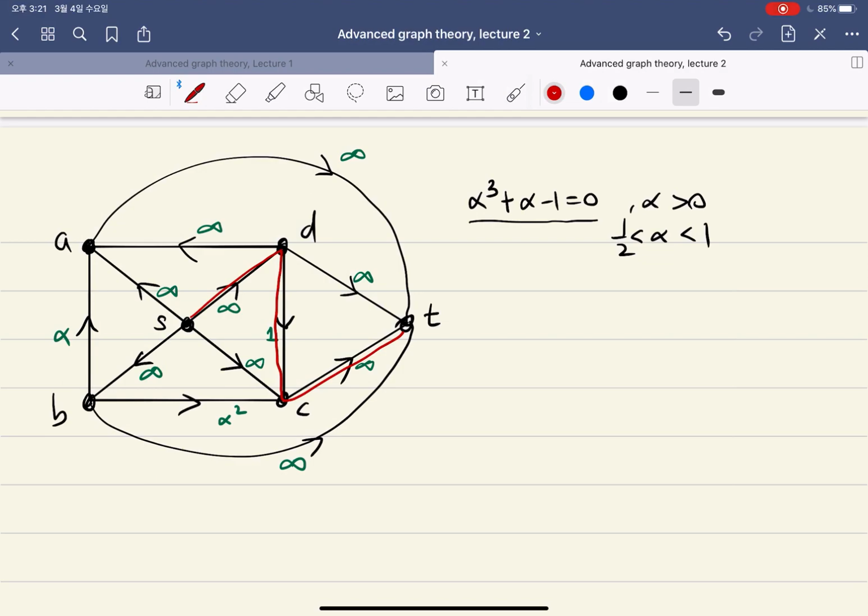At first we have the zero flow. In zero flow, this is an augmenting path. And if we augment it, then what happens? Then this becomes 1. This has value 1. And this has value 1. And this has value 1.